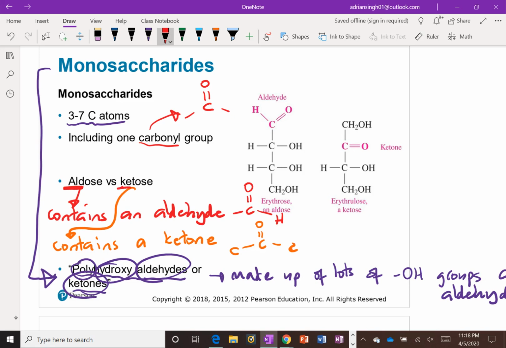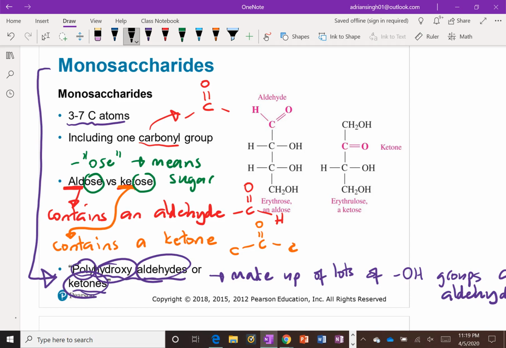A ketose contains a ketone functional group, and the ending of both of these is OSE. When you see that ending OSE, that means that molecule is a sugar. So you can tell a lot from the name of something.